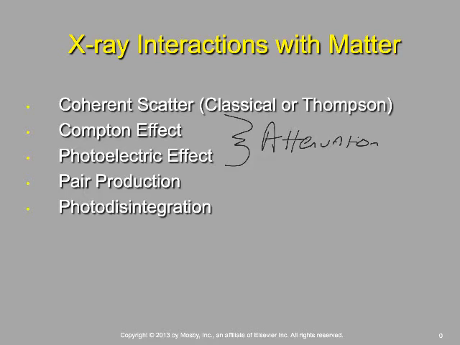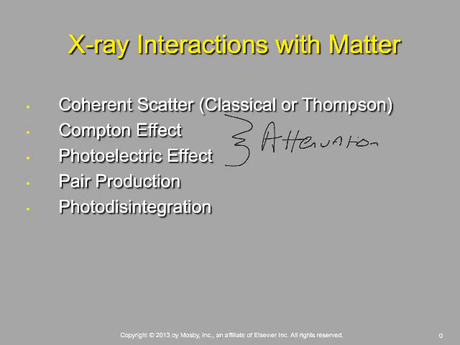Pair production only happens at energies over, I think it's 1.02 or 1.06 something MeV, mega electron volts. So pair production is only important to the therapeutic range of energies, right? It is not a diagnostic interaction, but it is a photon interaction.